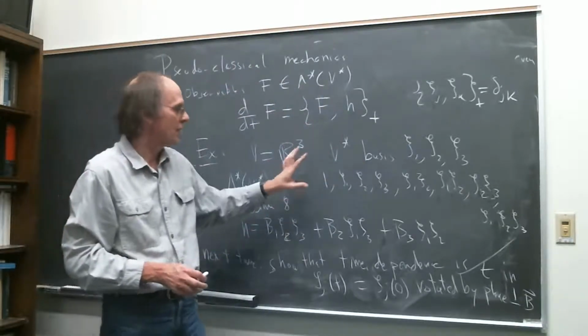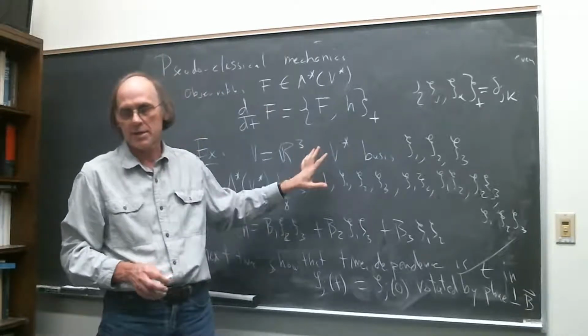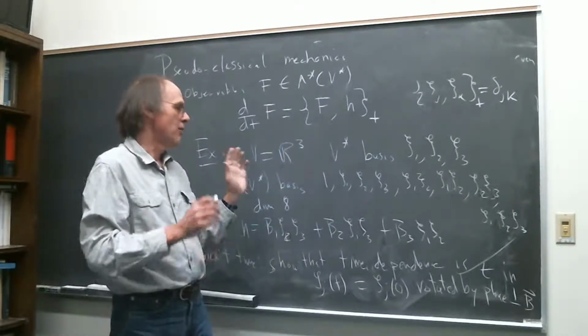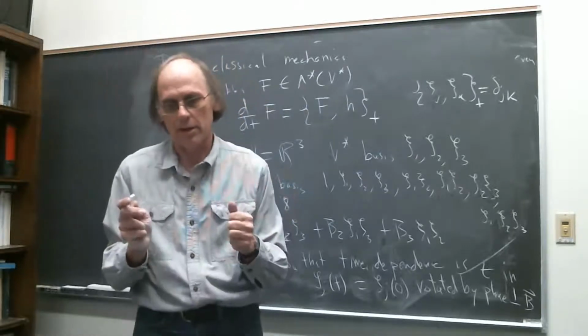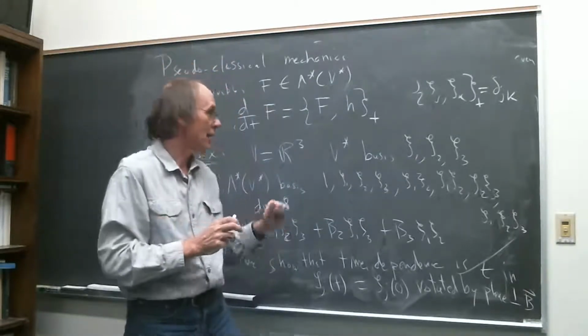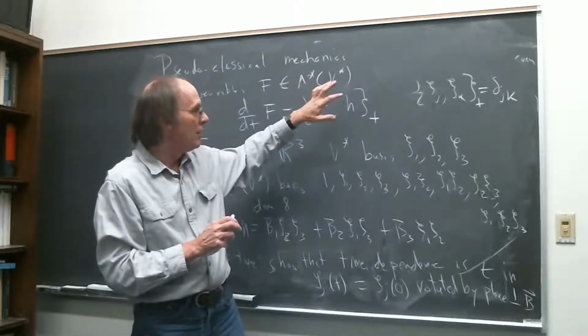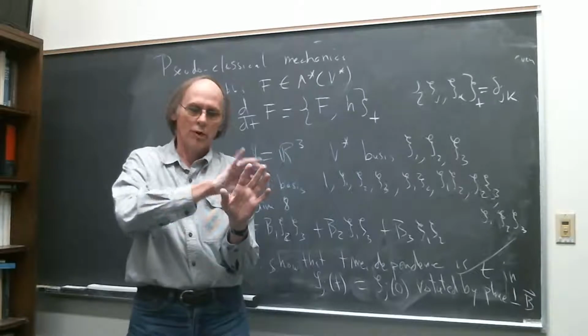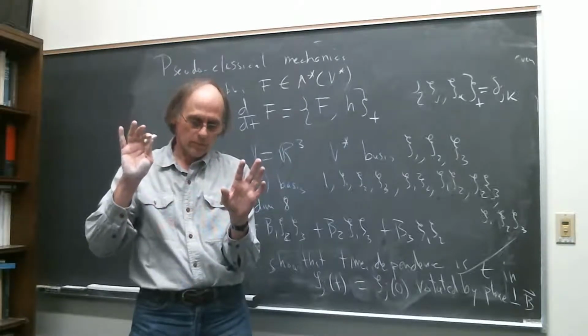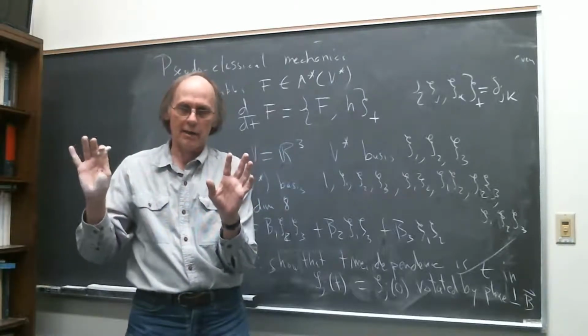What's really interesting is that we do exactly the same thing we talked about in the bosonic case, where we had a Lie algebra of functions on phase space and looked for a unitary representation of that Lie algebra.